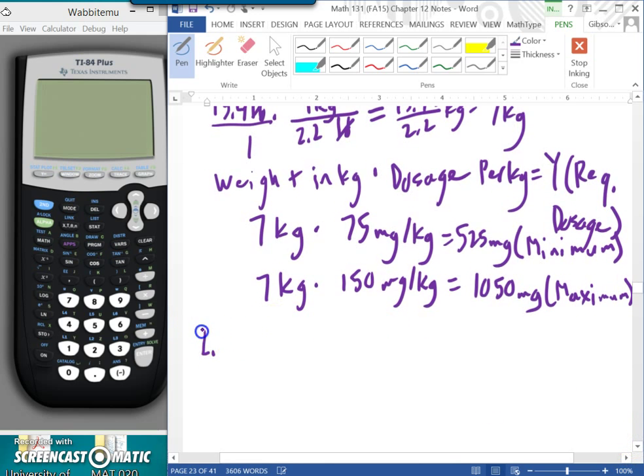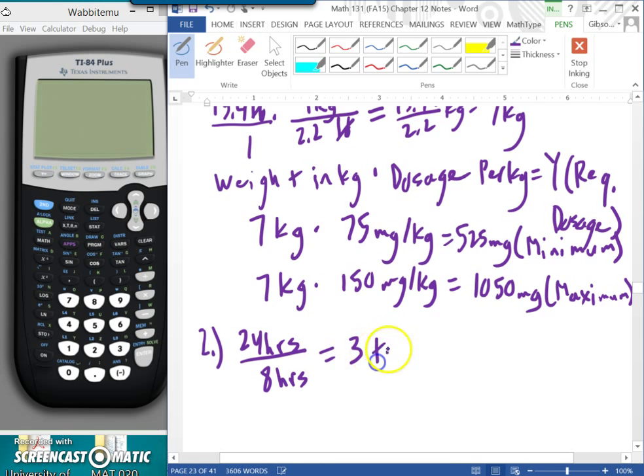So now we go to number 2. This is where we deal with our time. We know that there are 24 hours in one day, and we're told that this is dispensed every 8 hours. So we need to divide the 24 hours by 8 hours to determine how many times per day we give this.